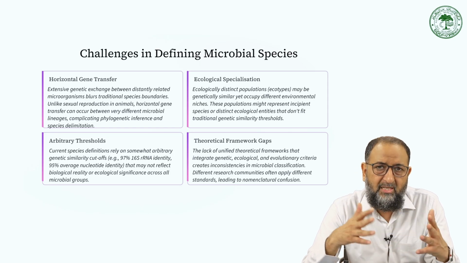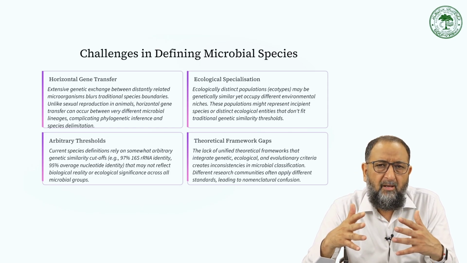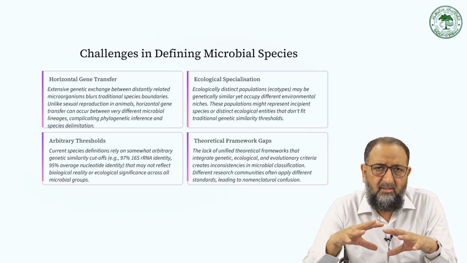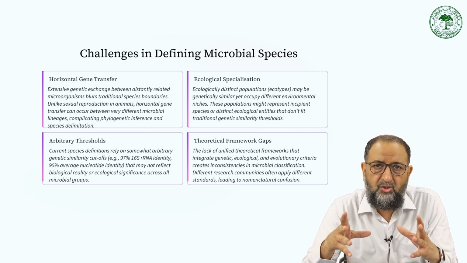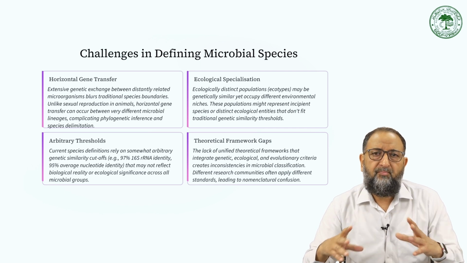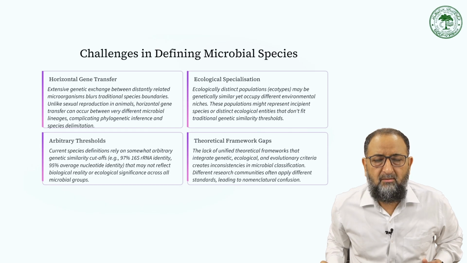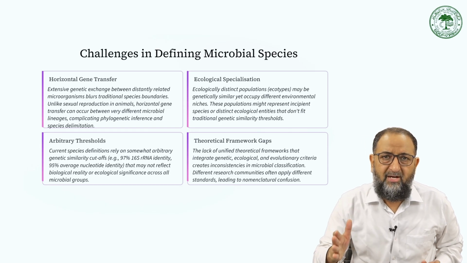All these things have to be taken into consideration based on different regions, different ecosystems, and the diversity of this microbial world. So there are a lot of challenges in order to define the species.